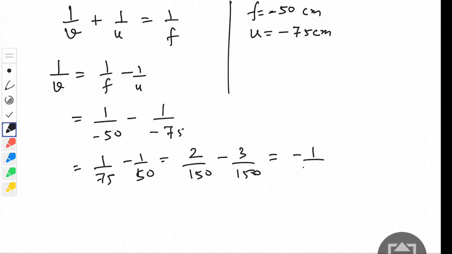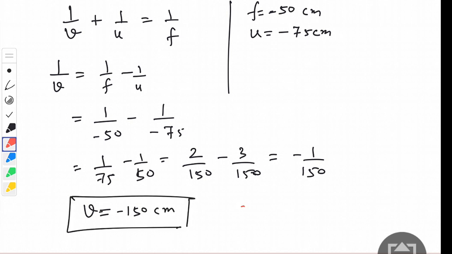So v is equal to minus 150 centimeters. Is everybody clear on this?